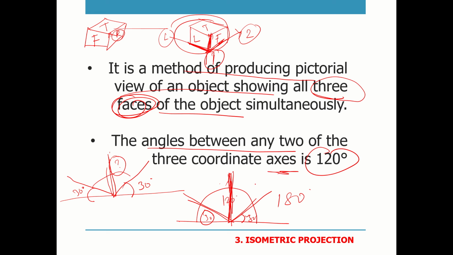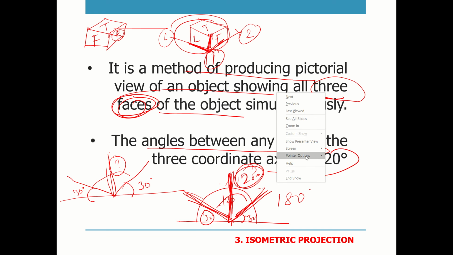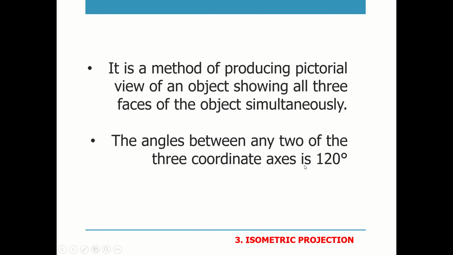In any case, the angle between the 3 axis lines will be 120 degrees. That is the only condition that we should keep in mind. This is very easy. Maybe in terms of text it may look difficult. What you need to remember is just as simple as I'm going to say now.